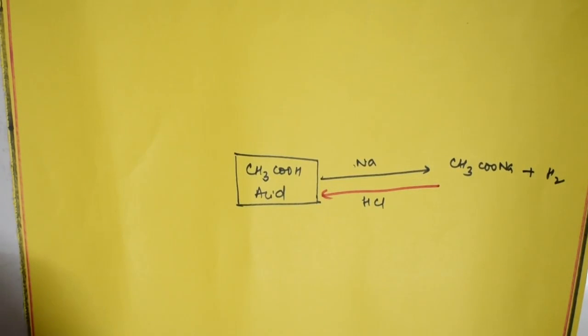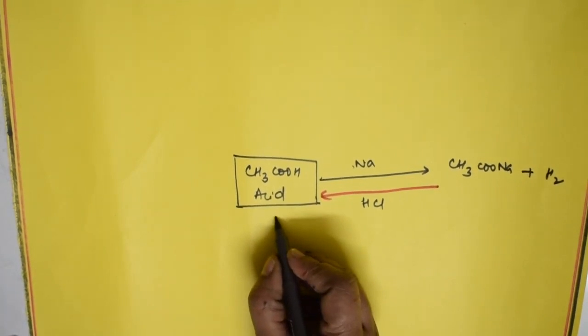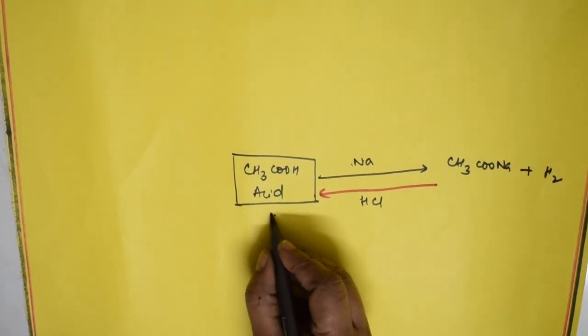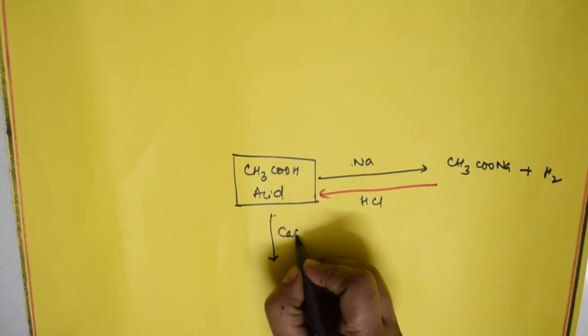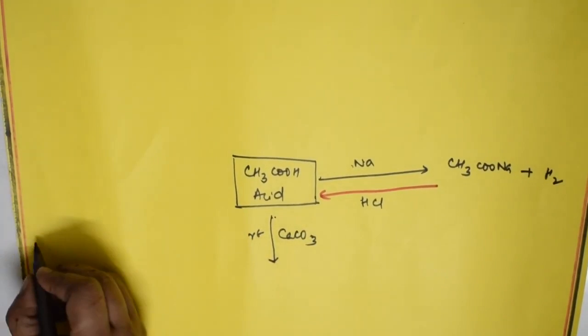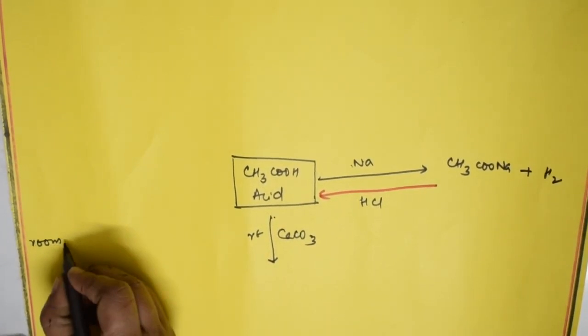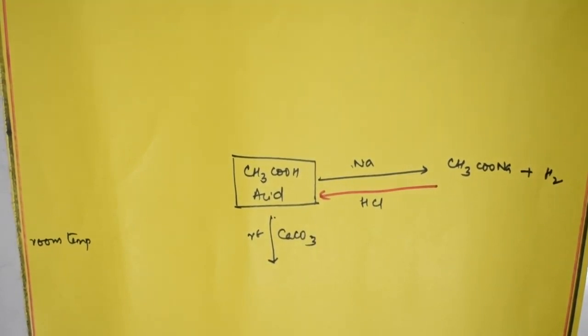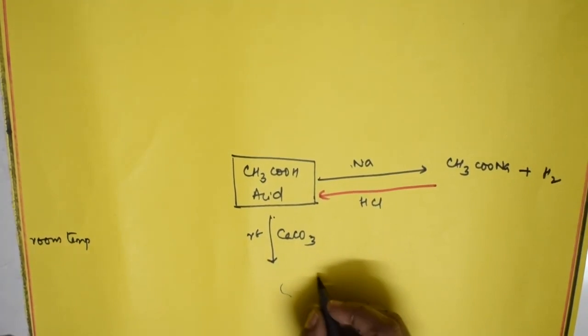Done. Now, the same acetic acid, suppose I introduce calcium carbonate, and I perform this experiment at RT. RT stands for room temperature. At room temperature, carbonate means which gas will come out?